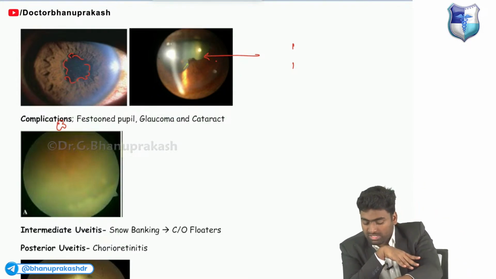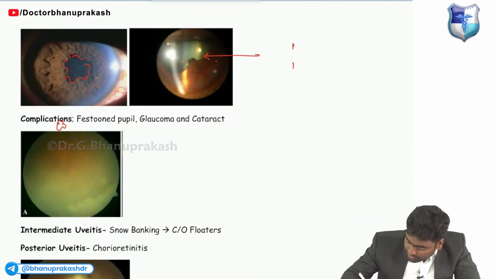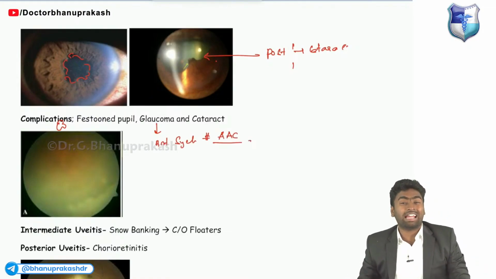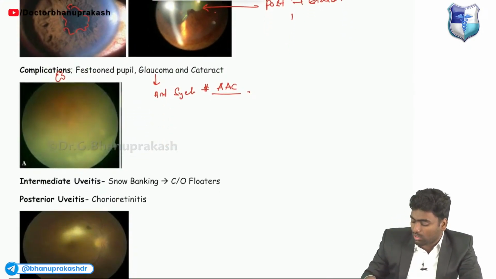In a case of posterior synechiae formation, it will cause cataract. Whereas anterior synechiae will block the angle of the anterior chamber, and if it blocks the angle, it leads to glaucoma. Fine.